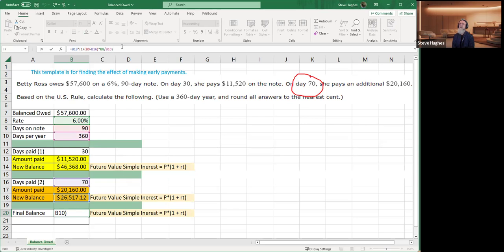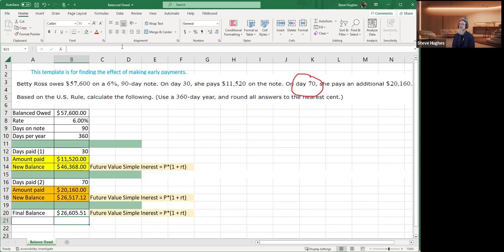That's the time times the rate of 6% in cell B8 divided by B10, the number of days per year, to once again make it a daily rate. Hit enter, and I have a maturity balance of $26,605.51.